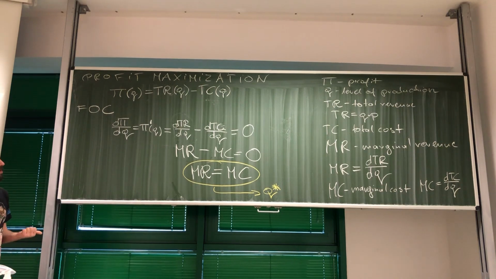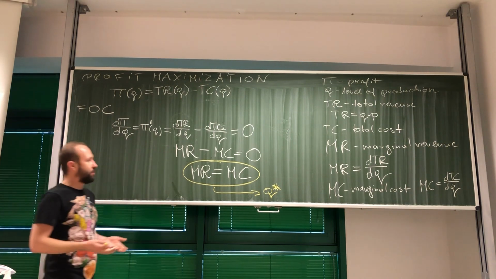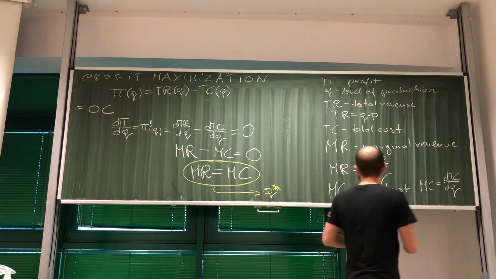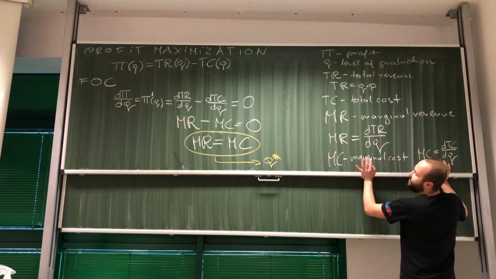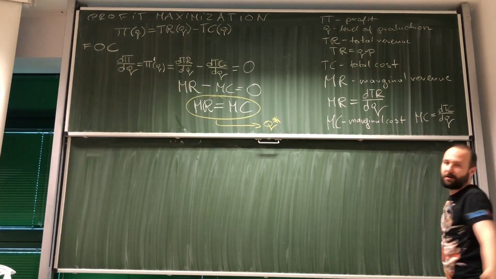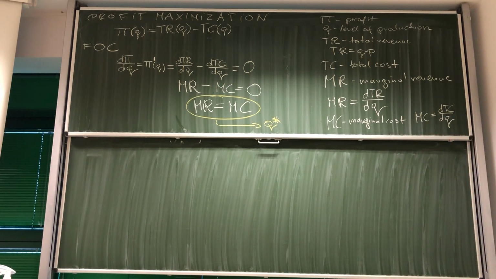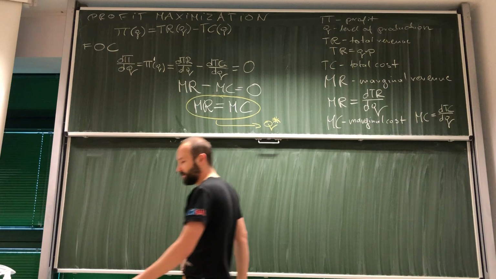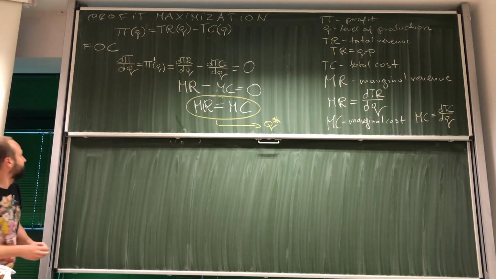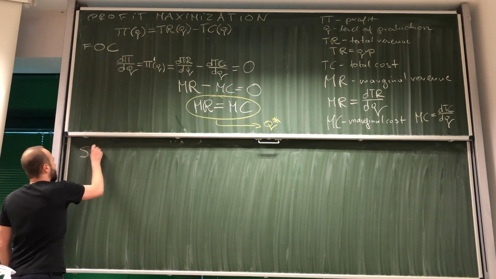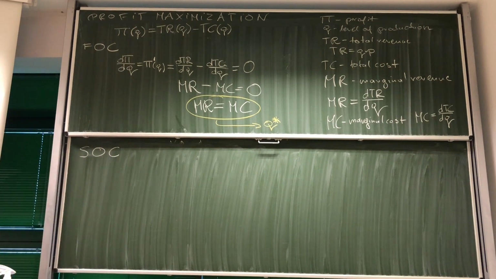So now, in the second part, we need to decide whether we found a maximum, minimum, or maybe an inflection point. And this is what we're going to do right now. How are we going to do it? Well, we're going to simply use the second order condition.